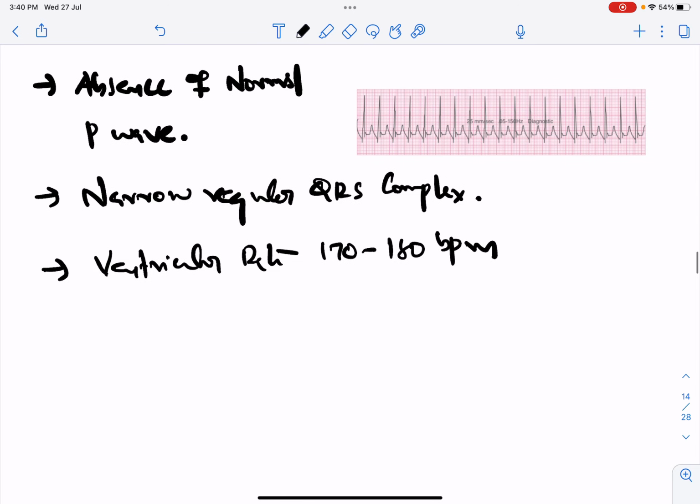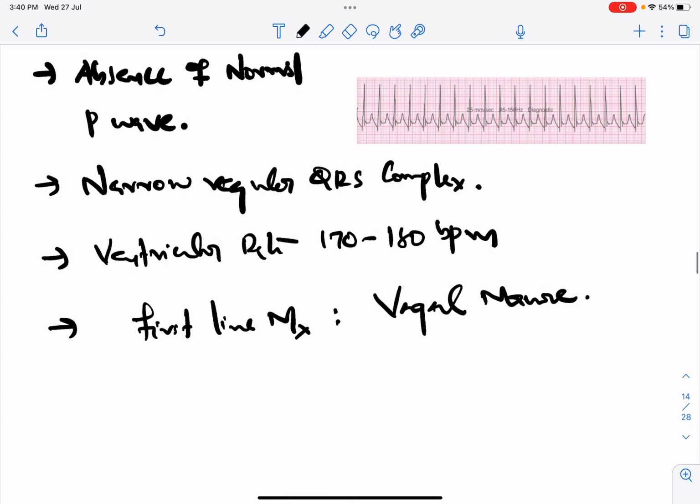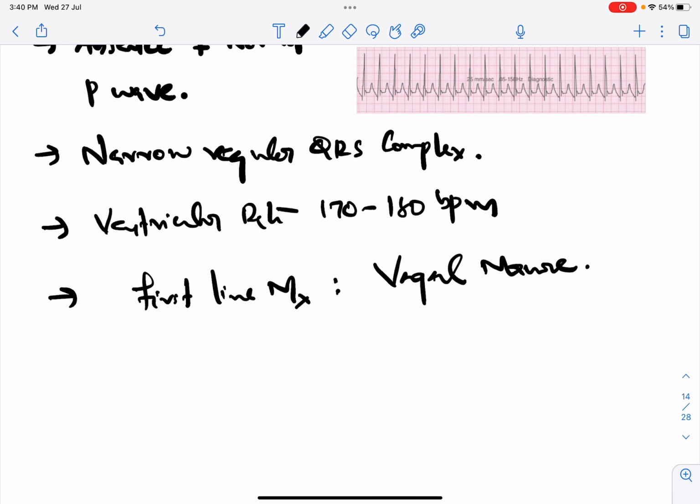So the first treatment for a stable patient coming with SVT, the first line of management, is the vagal maneuver. Okay, the drug of choice, or the second line of management for stable SVT, is IV adenosine.